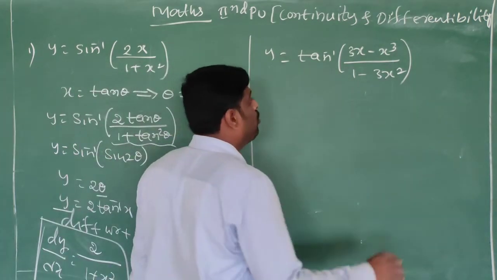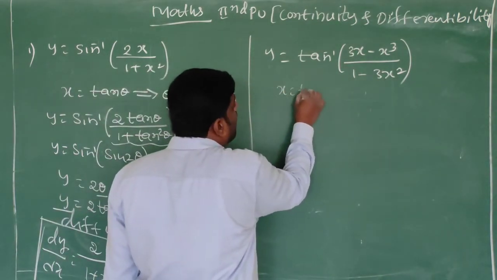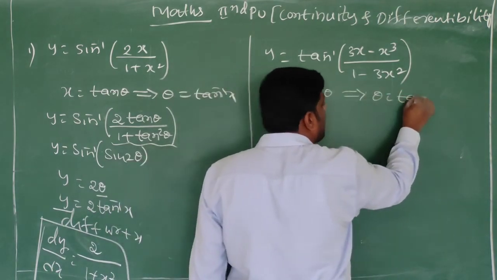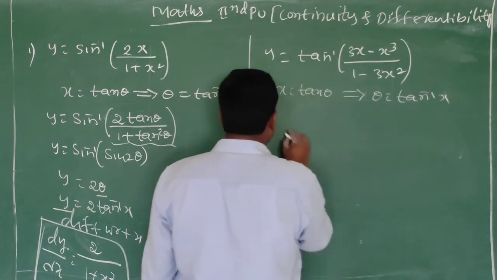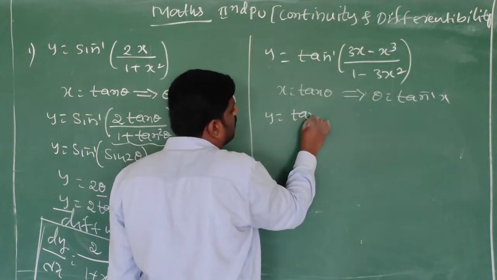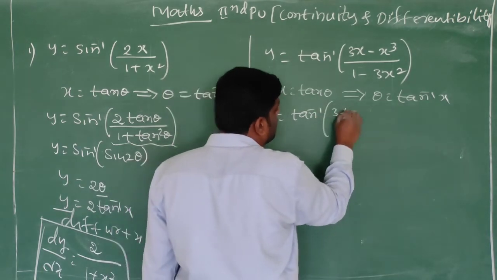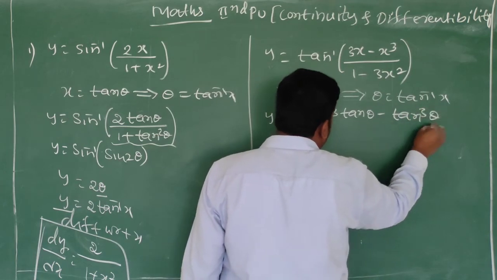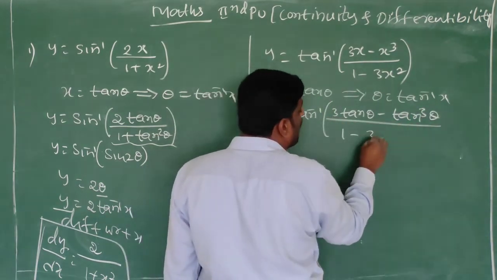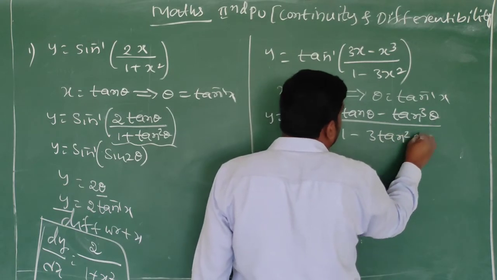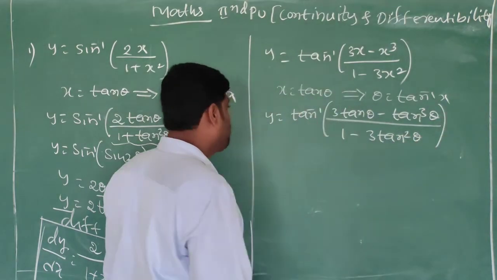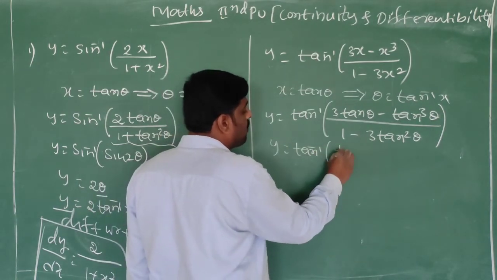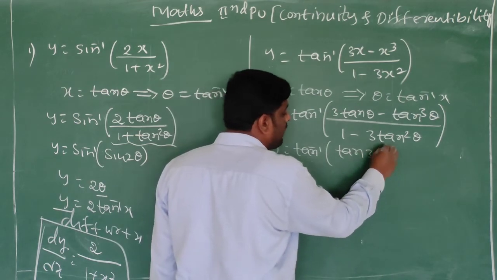Similarly, put x is equal to tan theta, so theta is equal to tan inverse x. Y is equal to tan inverse of 3 tan theta minus tan cube theta divided by 1 minus 3 tan square theta. Y is equal to tan inverse of tan 3 theta.